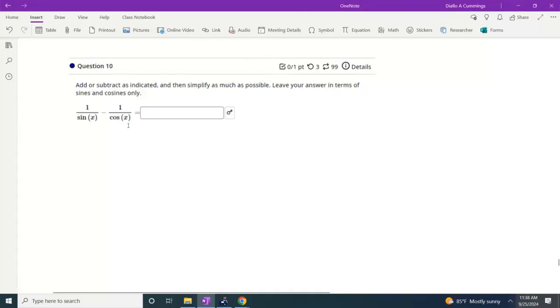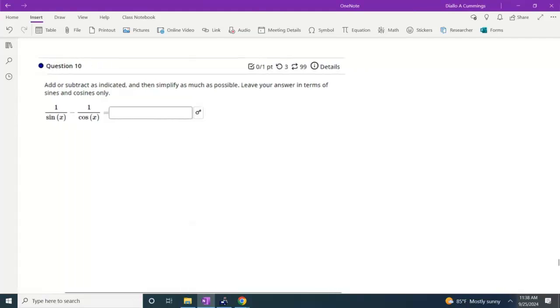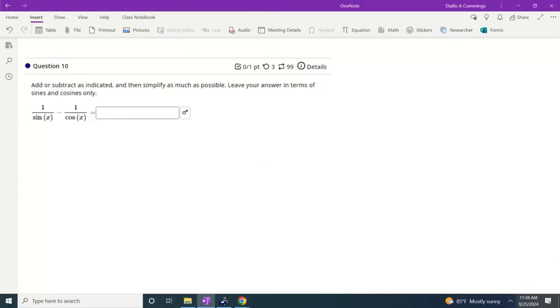So if I look at my denominators, I have a sine and a cosine. This is going back to algebra, and it's to find the least common denominator.